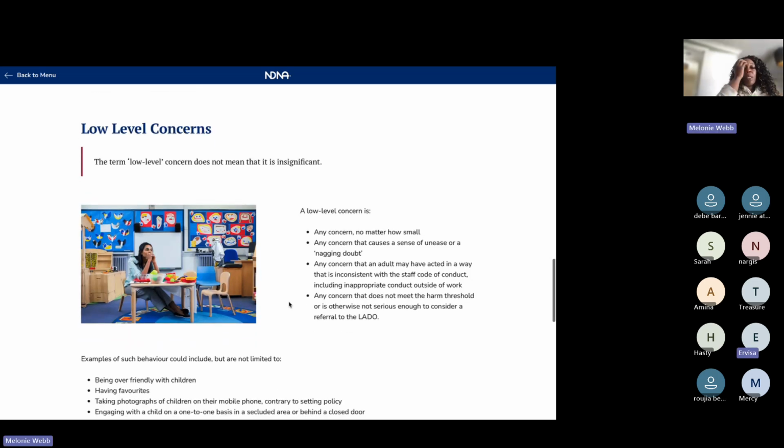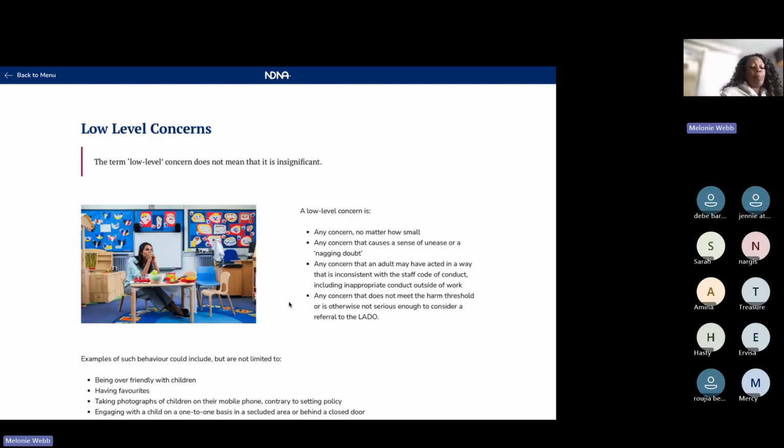A low-level concern is a concern that, no matter how small, causes a sense of unease or nagging doubt. You know when you get that thing in your head where you're just like, I should say something, I should say something. If you have that nagging doubt, you need to say something, because whilst it might be low level, you could now be the 18th person that has brought a low-level concern.